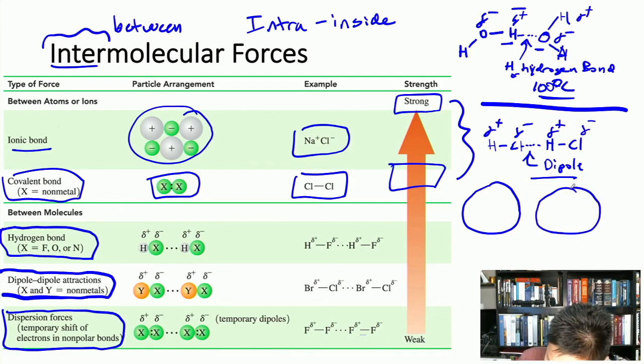I have a nucleus of the first molecule here, and some electrons. And then over here I have a nucleus from the second molecule, and electrons over here.